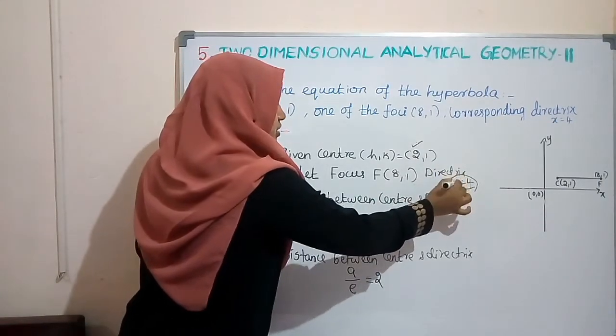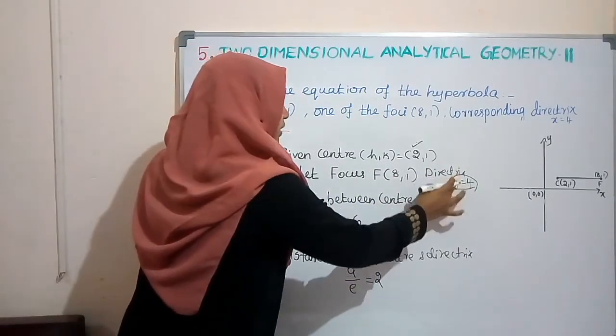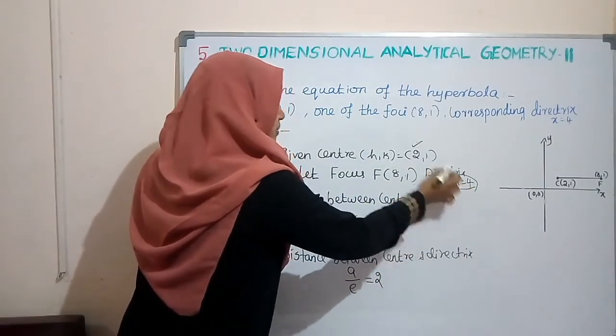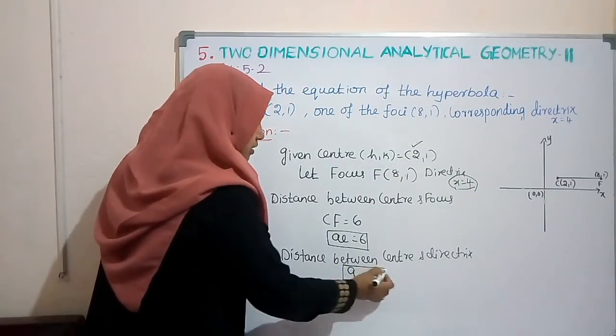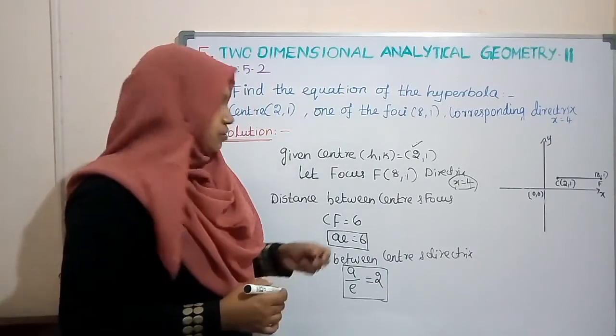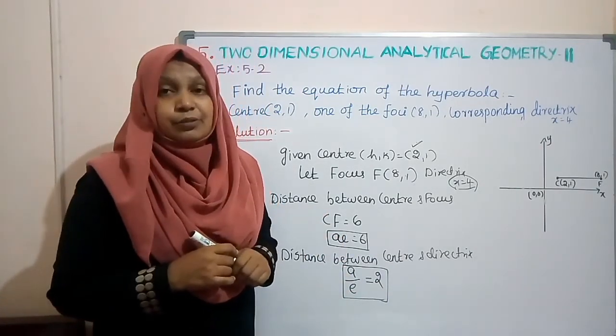Suppose if the equation is y is equal to, means just subtract the y coordinate. Okay. Now they are given x is equal to 4. So I am subtracting with the x coordinate. So we are getting a by e is equal to 2. So from this ae and a by e, we should calculate the a value. Okay.